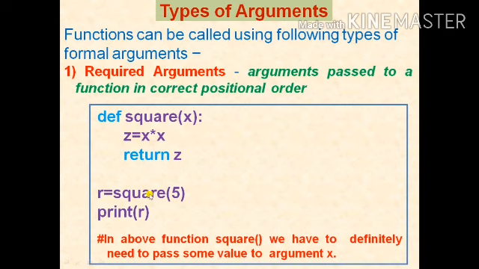When we call that function, we must supply a value, 5, so that it will return a value. If you type 5, then it will return 5 into 5, that is 25, and the 25 is stored in R, and when we print R, the particular value will be displayed on the screen.